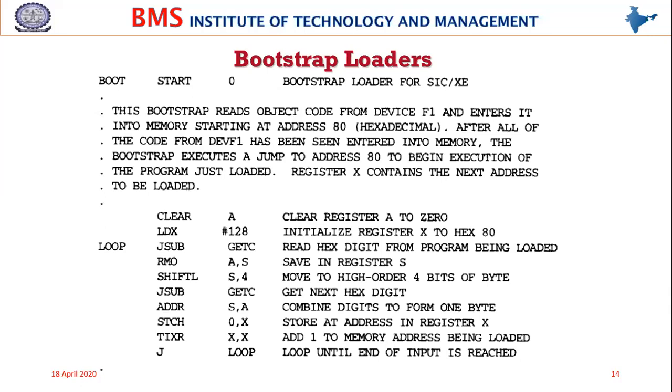Again, when you have called getC, it will return to the place of RMO, correct? No, register move operation. So the other character is also reduced into hexadecimal character representation, and then it is going to be stored with STCH. You can see that STCH 0,X is going to store it into the address specified by X, and this goes on.